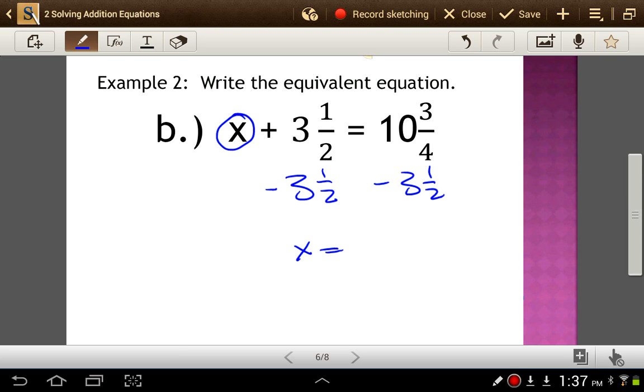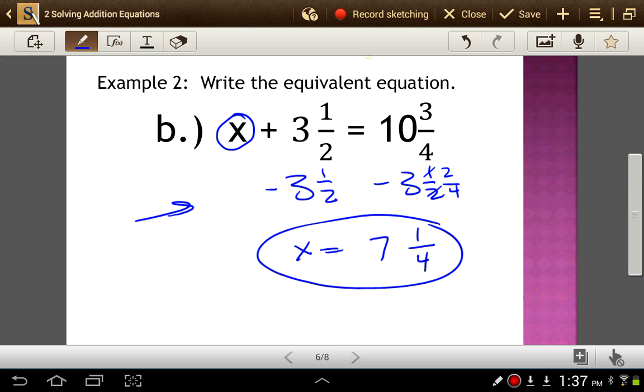On this side, I'm going to make common denominators, so 1/2 becomes 2/4. Now I can subtract: 3 minus 2 is 1, the denominator 4 stays the same, and 10 minus 3 is 7 for my whole number, so I get 7 1/4. There's my work and my answer. You must have both. When I say write the equivalent equation, I mean solve the problem. I'm going to move on to example 3 if you need to pause.